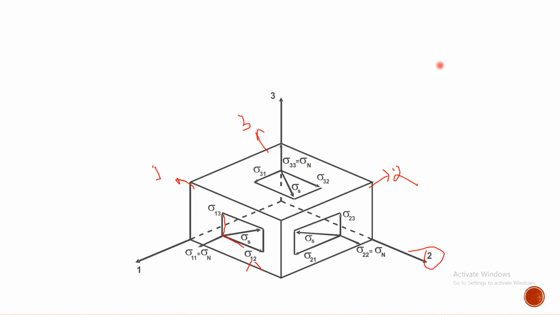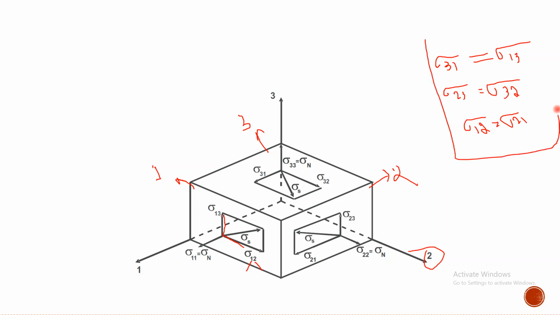So sigma 31 equals sigma 13, sigma 23 equals sigma 32, and sigma 12 equals sigma 21. Like that, in total we have 3 shear stresses and 3 normal stresses.